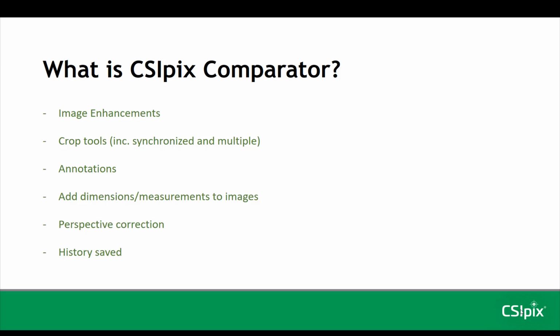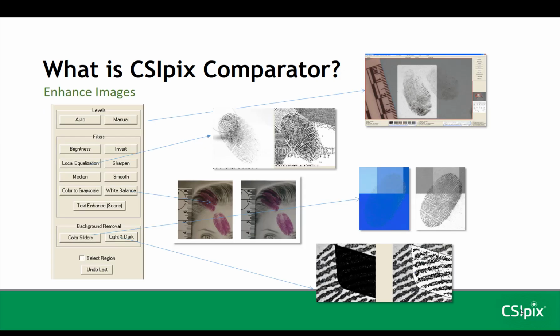Comparator also provides image enhancement functions, crop tools, including a synchronized cropping and multiple cropping, which is good for fingerprint images of latents when you've got multiple prints on one and you want to make separate images of each individual finger. Annotation tools, you can add dimensions and measurements. We have perspective correction, and a history is saved for each operation you perform on the image so that you've got an audit trail.